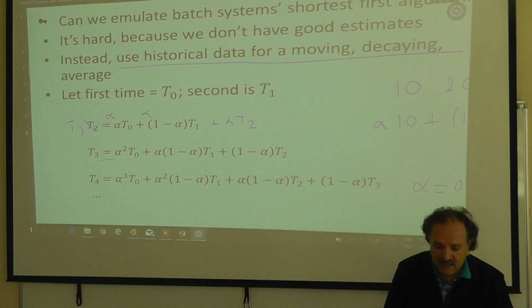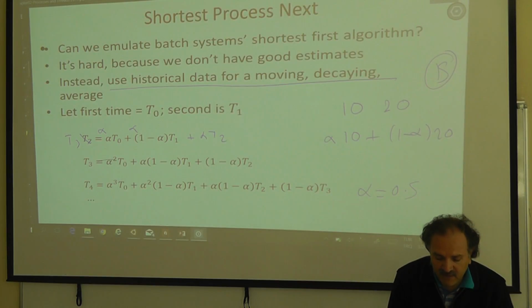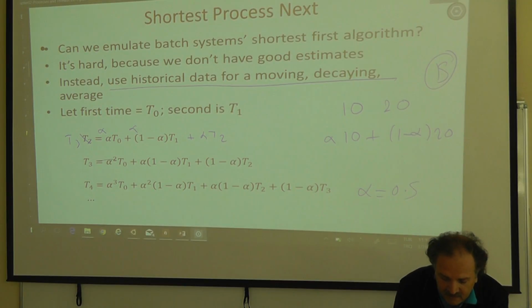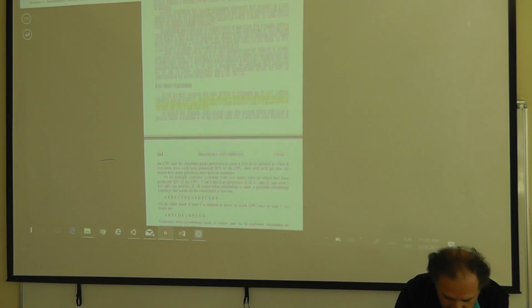The solution is to take alpha as 0.5. In that case, my calculations would be a lot easier. Let me go there and show you.